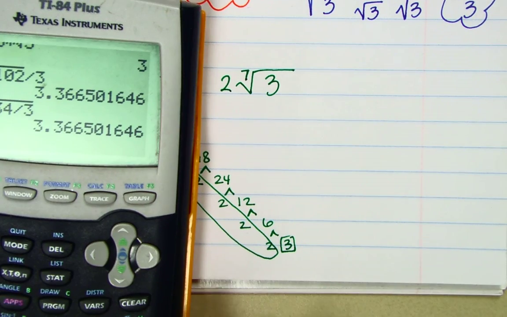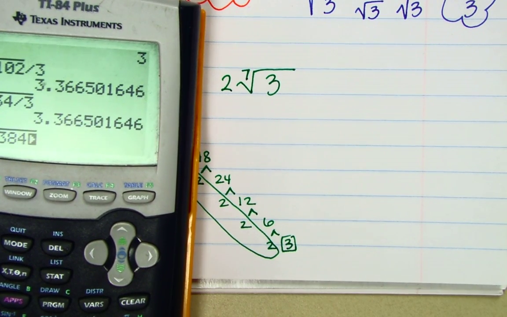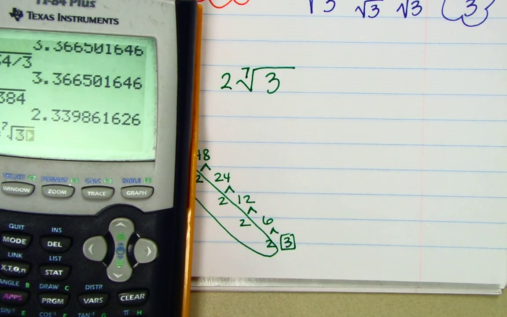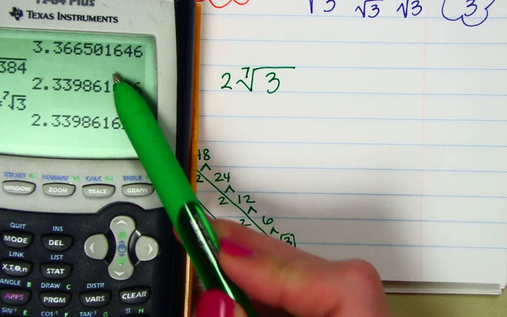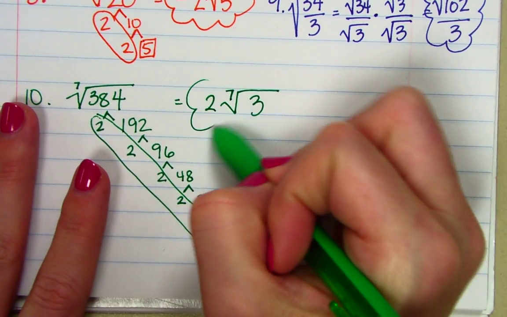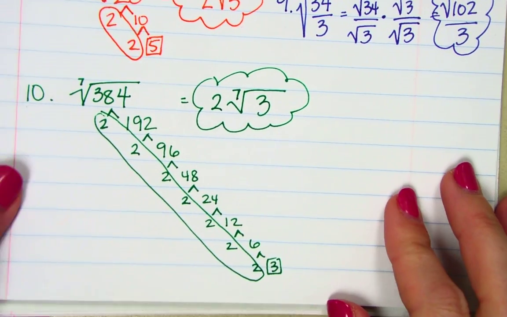And again, you can check this. 7, math, 5, 384. 2 times 7, math, 5, 3. Same thing. Okay, so 2 times the 7th root of 3.